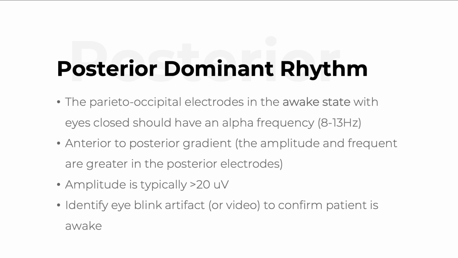And there's an anterior posterior gradient, meaning the amplitude and frequency are greater in the posterior electrodes compared to the anterior electrodes. In a normal patient, the amplitude is greater than 20 microvolts, and often you need to identify eye blink artifact to confirm the patient is awake. One important concept is that it can be a normal variant for a patient to not have a well-defined posterior dominant rhythm in less than 10% of the normal population.